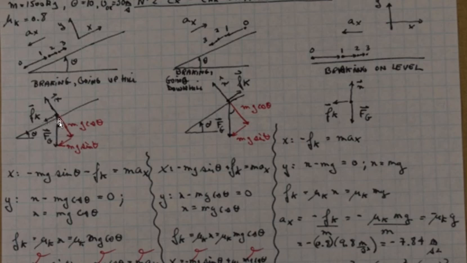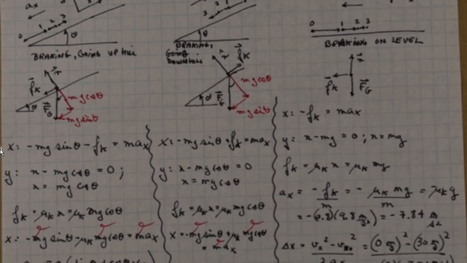F sub g, however, is neither parallel nor perpendicular to the ramp, so I break it up into components which are either parallel, that's the mg sine theta, or perpendicular, that's the mg cosine theta components. And so if I write the x component of Newton number 2, looking at the direction for the positive x-axis, it's going to be minus mg sine theta, that's this guy, minus f sub k, that's that guy.